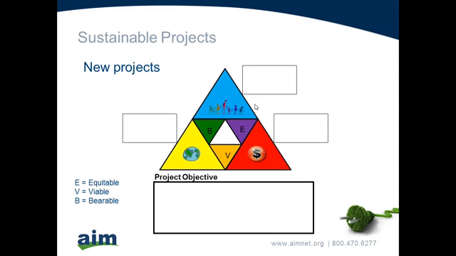If we're looking at new projects, and we apply this technique to new projects, we want to understand the objective of the project and dive deep into why we're doing the project and how we might be able to do it in a slightly different manner that pulls in the social, environmental, or economic component.